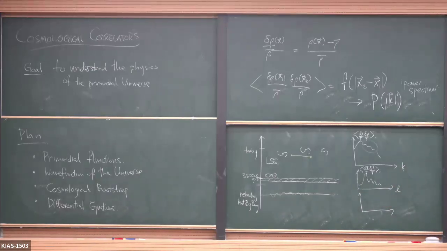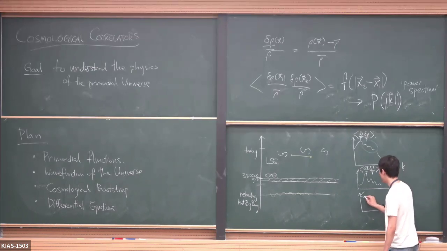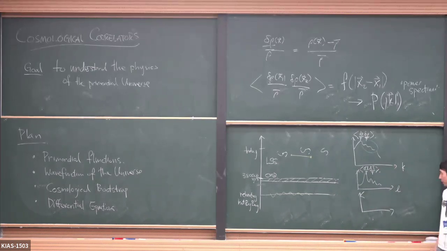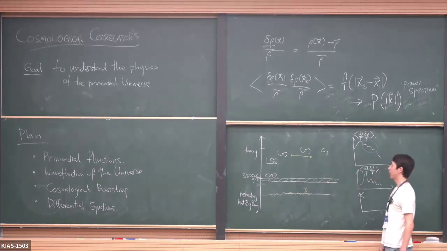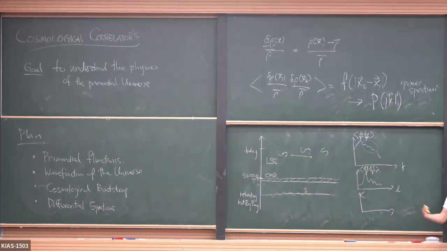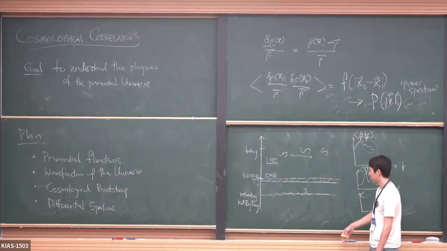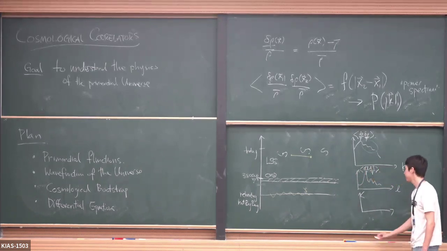We have also measured very accurately the type of power spectrum that exists in this early reheating surface. As I'll tell you in a bit, we usually study these fluctuations using a quantity called zeta, the curvature perturbation.